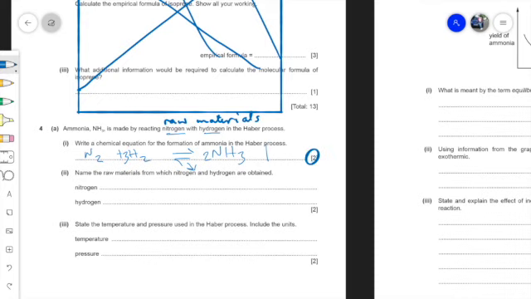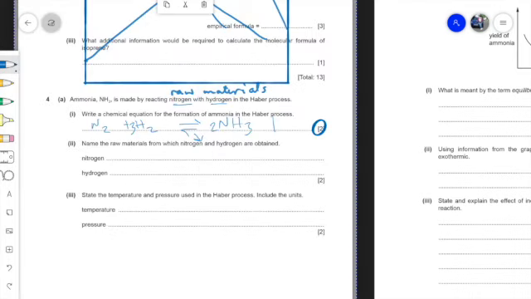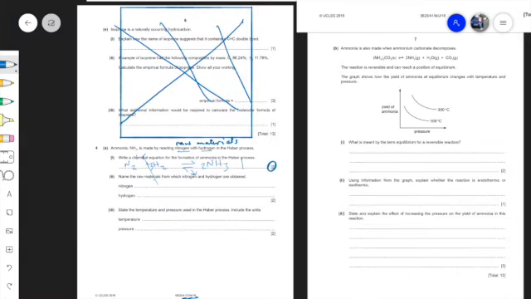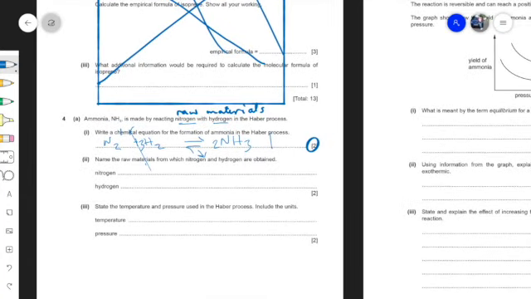Name the raw materials from which nitrogen and hydrogen are obtained. Nitrogen is obtained from the air, and remember that we talked about liquefaction of air.